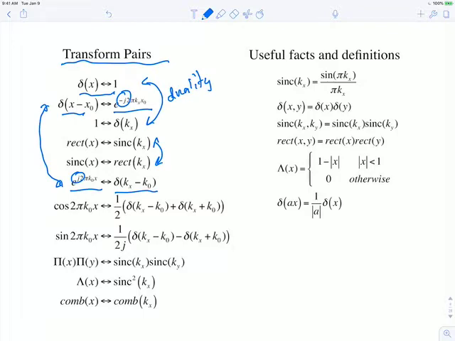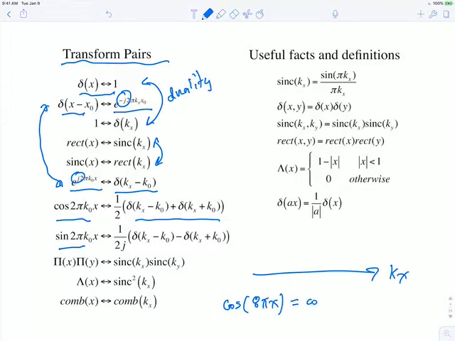Then the other really useful transform is the transform of a cosine or a sine, and these turned out to be the sum of Dirac delta functions. So for example, a cosine, you should be able to just look at and see. If I have cosine of 8 pi x, then I would rewrite it right away as cosine of 2 pi times 4x.